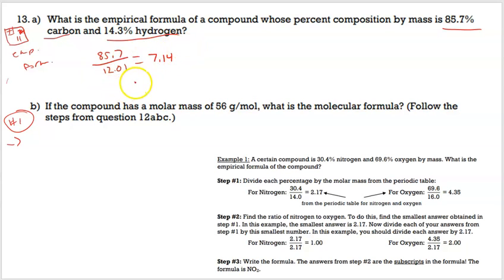All right, and so this is for carbon. Right. We're going to do the same thing for hydrogen, 14.3 over 1.01, and that is going to give me 14.2.